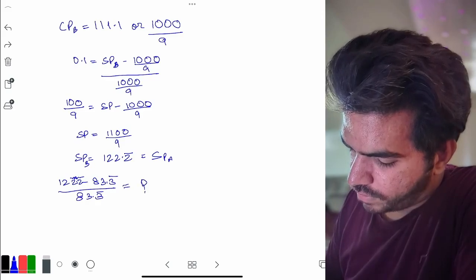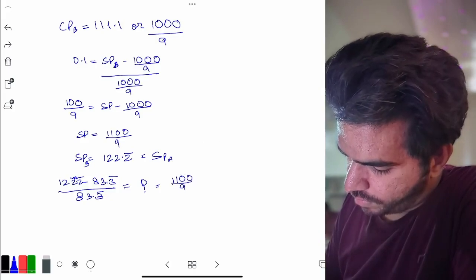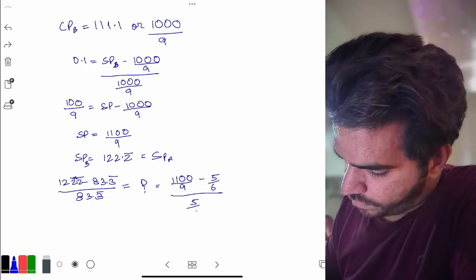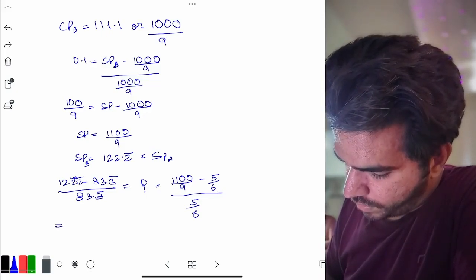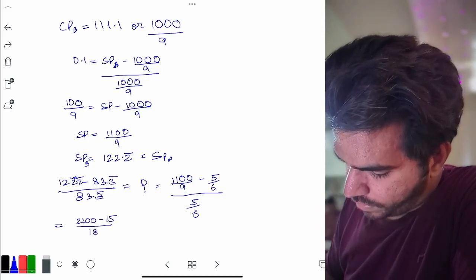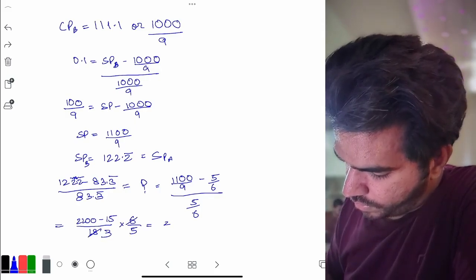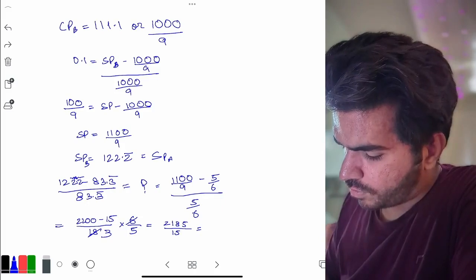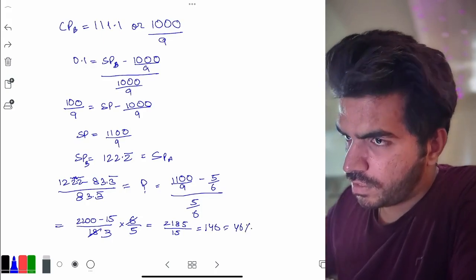Our answer will be equal to the fraction (1100 upon 9 minus 5 by 6) upon 5 by 6, which is equal to 1100 upon 9 is 18, (2200 minus 15 into 6) upon 5, which is 2185 upon 15, which is approximately 146, which is equal to 46% profit.